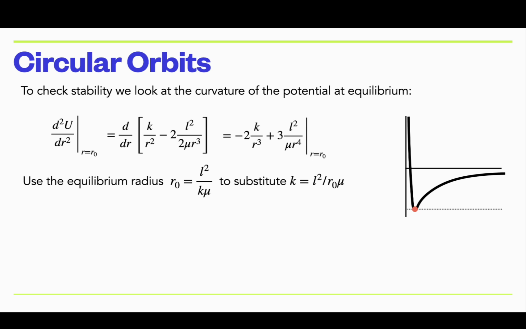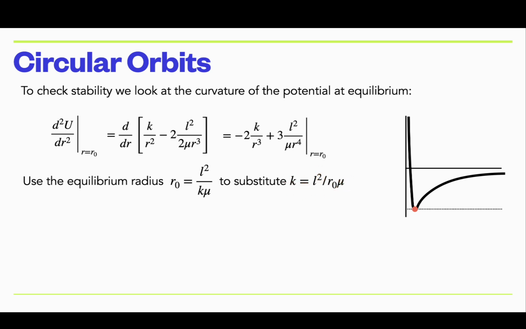So we're going to take the derivative of that. We get this. So we'll plug in the equilibrium position R naught for R here and R here. We'll also plug in for K. Because this is true, we can solve for K in terms of R naught. So K would be L squared over R naught mu.